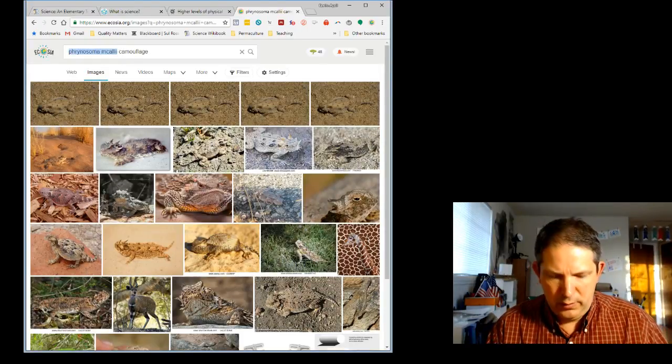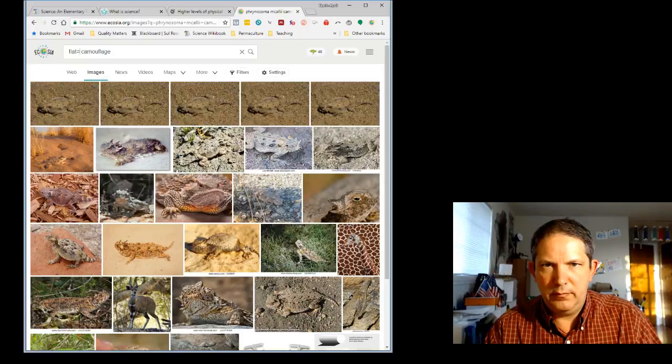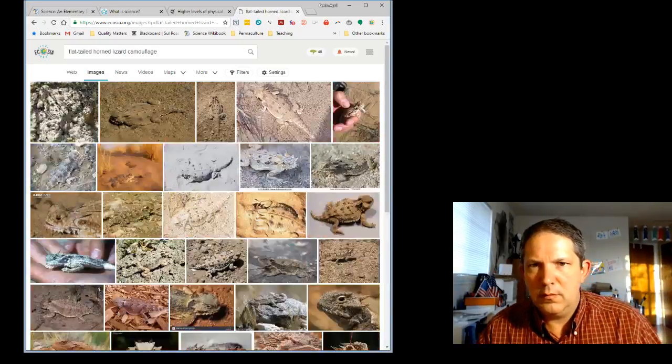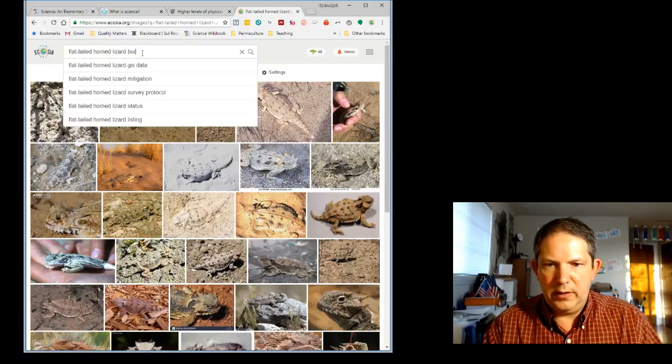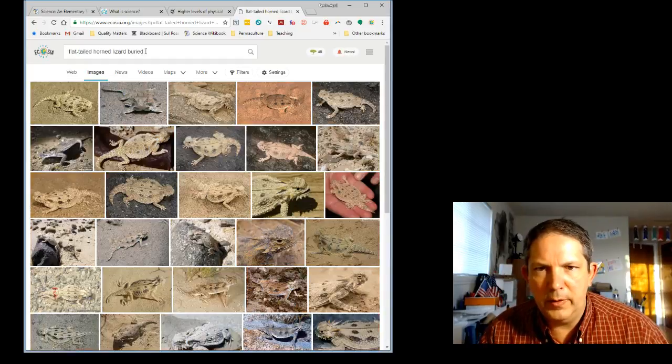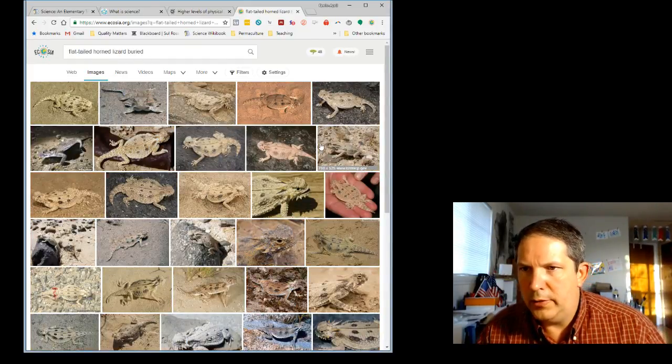Let's try flat-tailed horned lizard. Camouflage, let's try buried. I've got tons of pictures. I guess I could pull them up just on my computer.